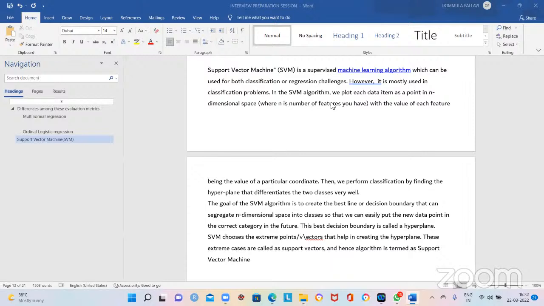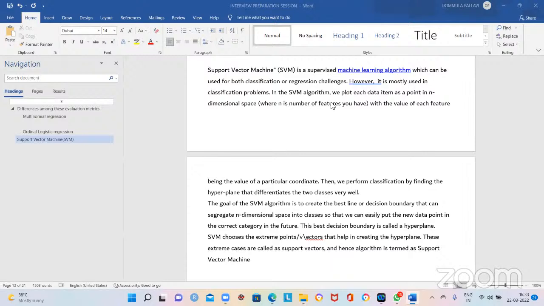The goal of the SVM algorithm is to create the best line or decision boundary that can segregate n-dimensional space into classes so that we can easily put new data points in the correct category in the future. The best decision boundary is called a hyperplane.